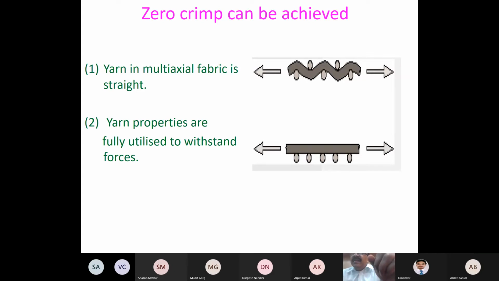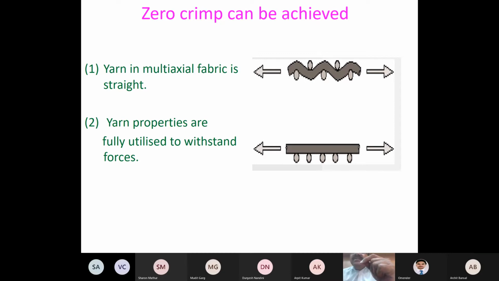In this weaving, the yarns are straight, as you can see in the lower diagram. At the crossover points, they are only entangled in the manner which I have shown you earlier. Today also I will show you subsequently.